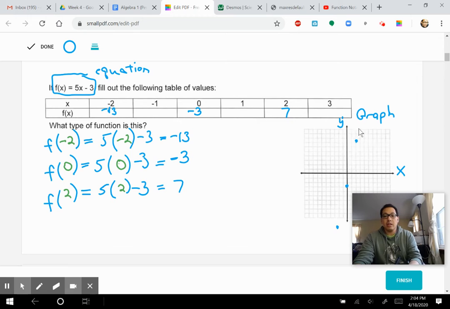Oh, well, it looks like these points. You guys know me, I can't draw a straight line without a ruler. But this function is a line. And we got the points. The important thing here is that we got these points from evaluating, plugging these values into this equation in function notation.